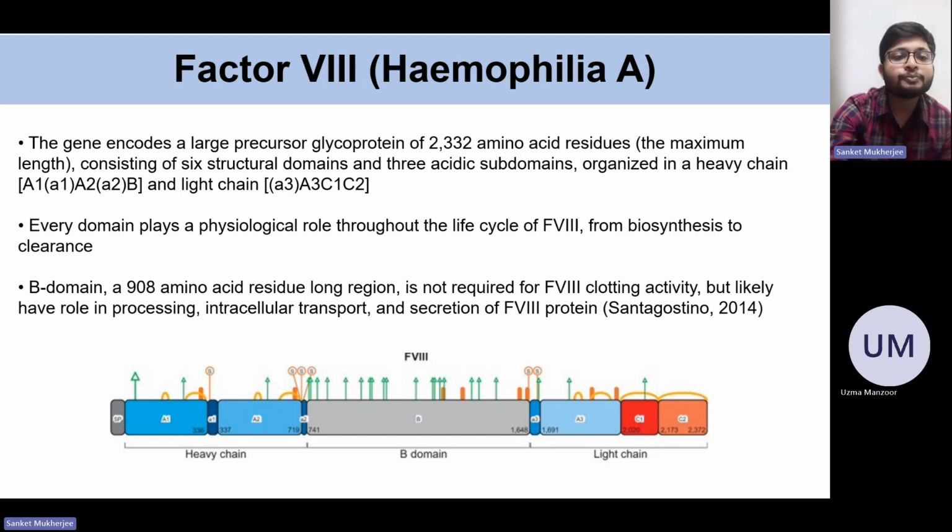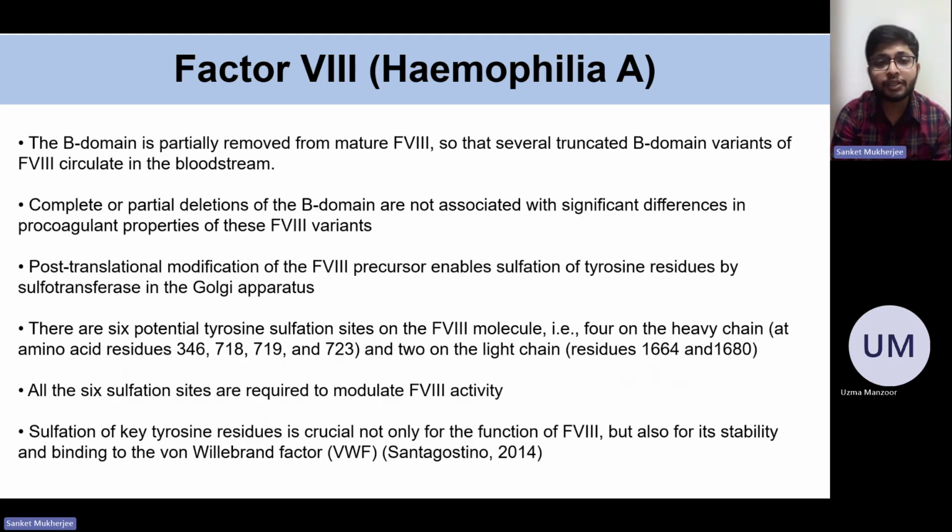Now, the B domain is partially removed from the mature factor 8 so that several truncated B domain variants of F8 circulate in the bloodstream. Complete or partial deletion of B domain is not associated with significant decrease in procoagulant properties of these F8 variants.